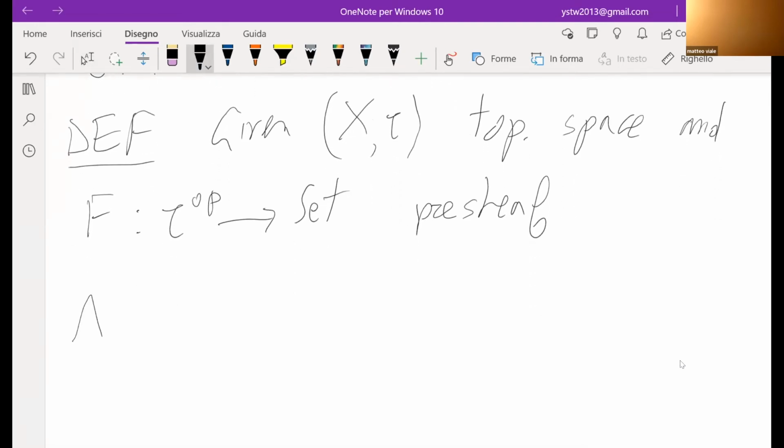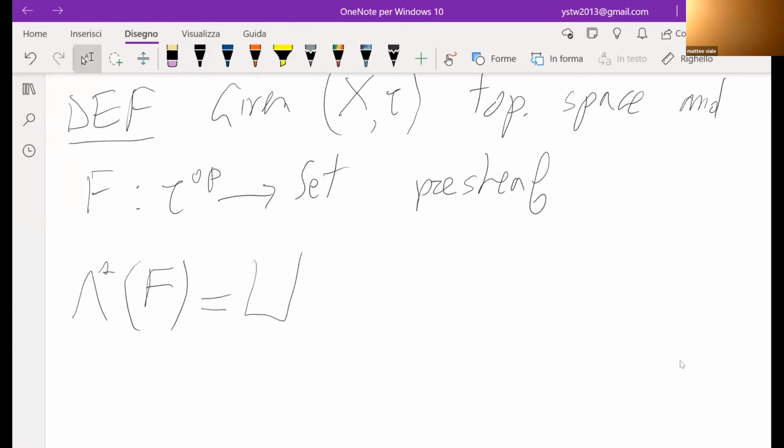I want to define the bundle associated to this F, and I stick to the notation of the book by MacLane and Moerdijk. What I do is put a 1 on top of the relevant operator.